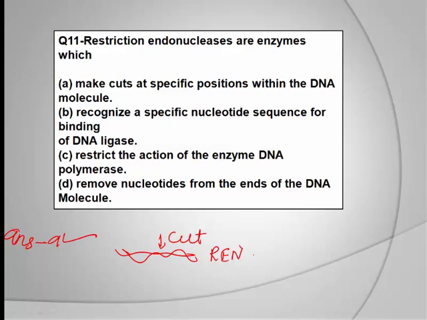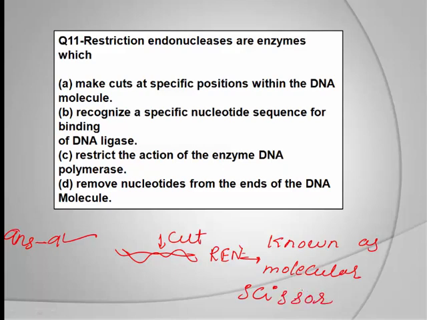Hence, as REN cuts the DNA, it is commonly known as molecular scissors. The REN is commonly known as molecular scissors as it cuts the DNA. So the answer for this question is option A.